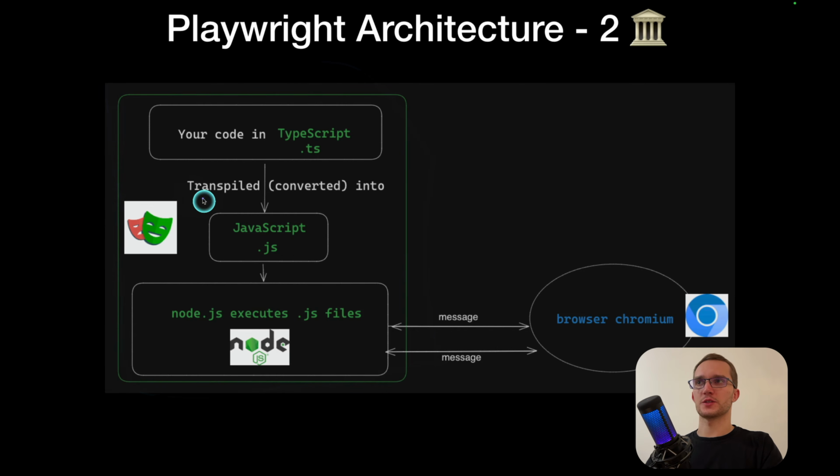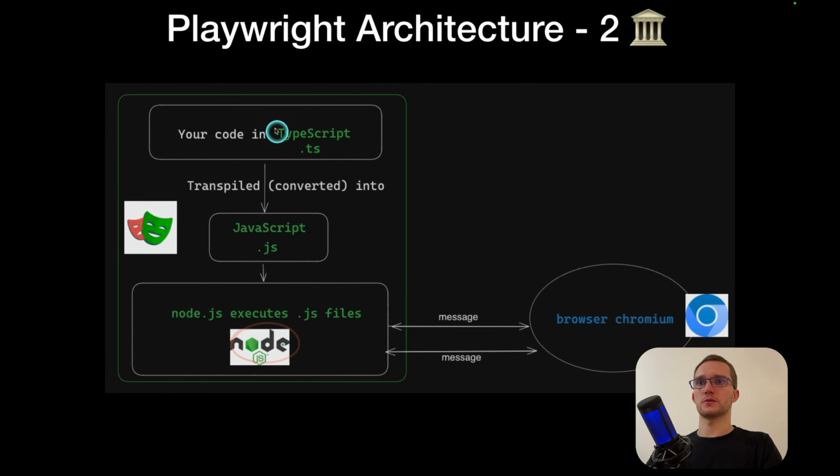So Playwright transpiles your code into JavaScript. This happens under the hood. Then Node.js executes JavaScript files. And this communication between browser and Playwright happens.